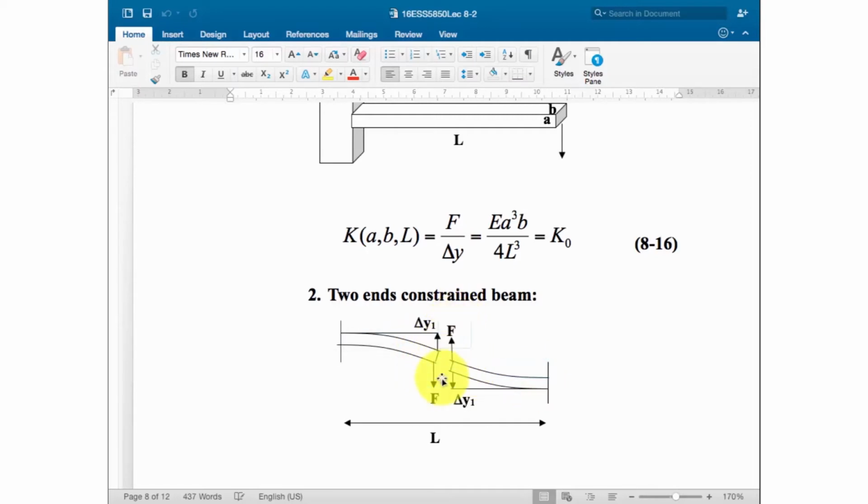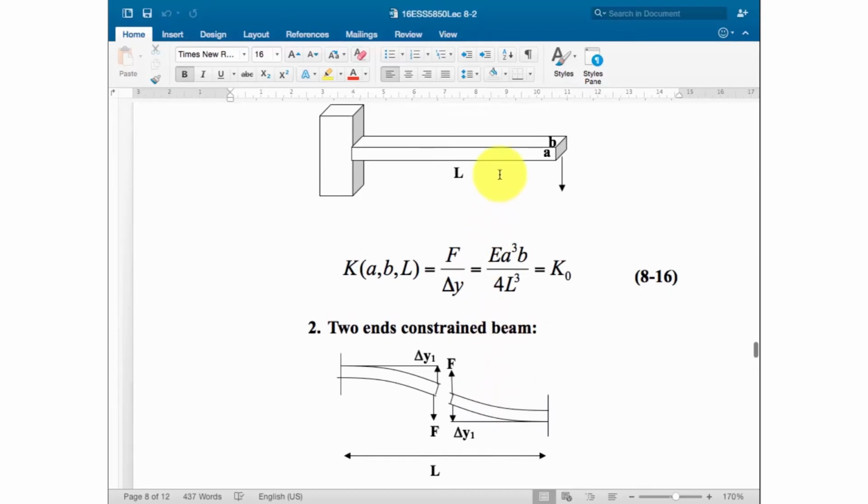If you cut through the inflection point, you can find out this kind of cantilever can be considered as two original cantilevers combined together. If you have a deflection pushed down, the deformation of this cantilever will be similar to this one on the left-hand side. And then the bottom one, you just flip it over and make it a mirror.